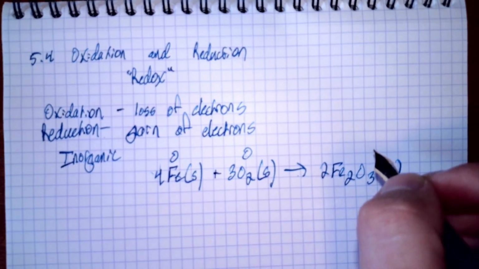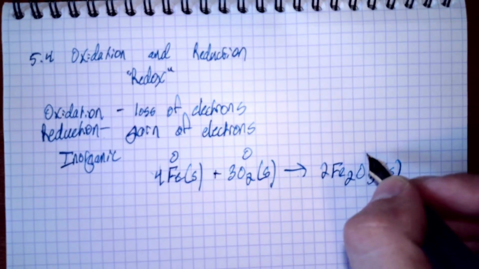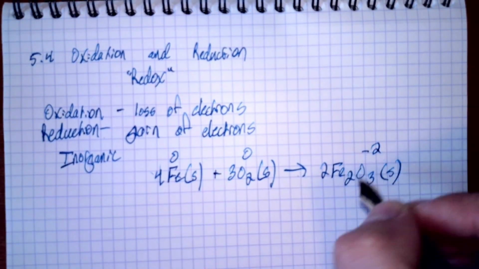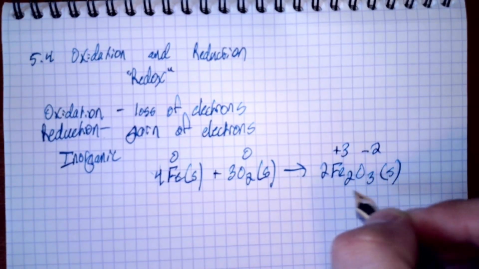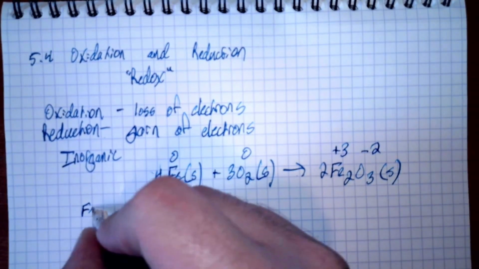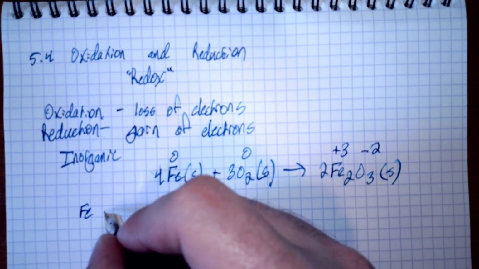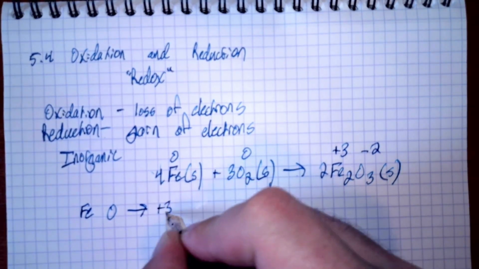Right, now, if we go to our periodic table, we know that oxygen is always going to be a -2 charge. And we can sort of work backwards and know that this iron is a +3 charge. So what's happened in this? Iron has gone from 0 to +3.